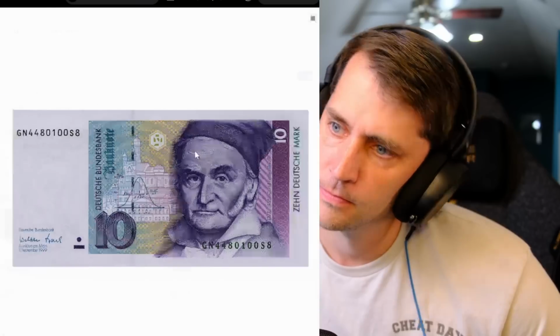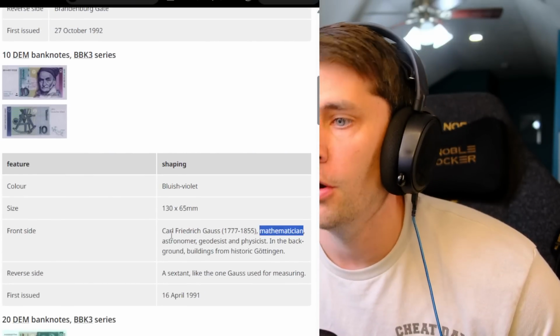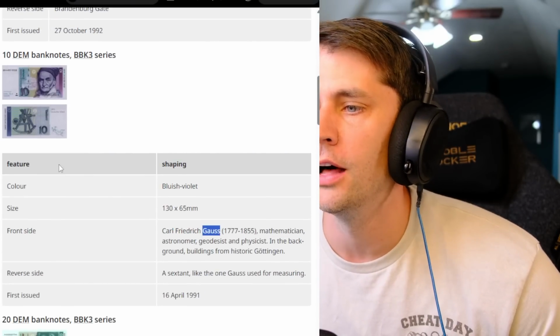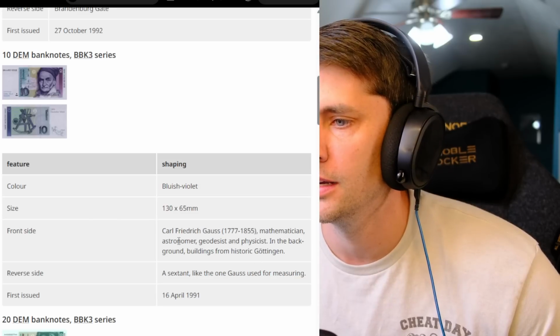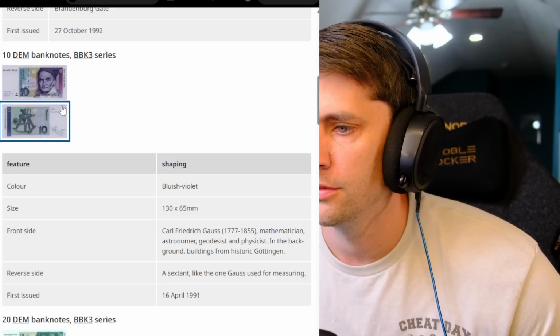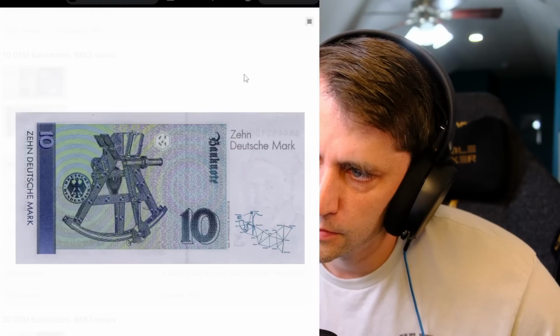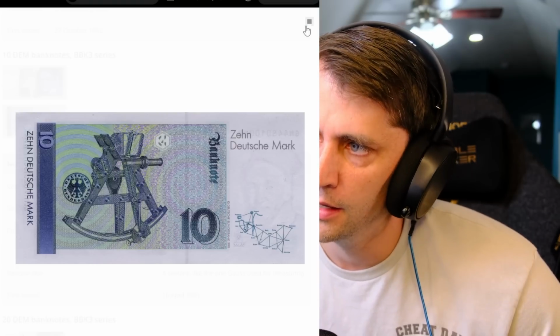Whoa, that's pretty badass. I like this. Equation. Not that I know what it is. Oh, this guy, it's Carl Gauss, the mathematician. Okay, astronomer, physicist. Yes. And he's on the 10.